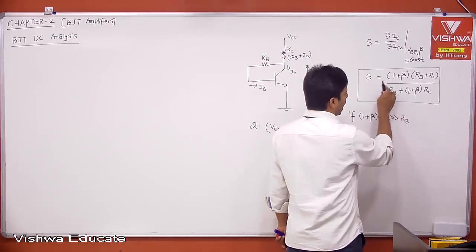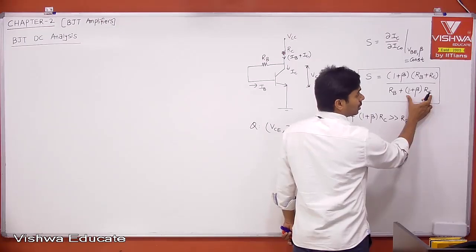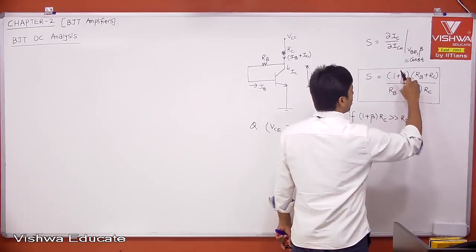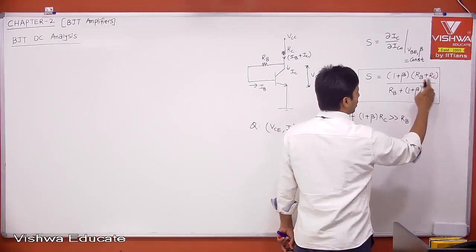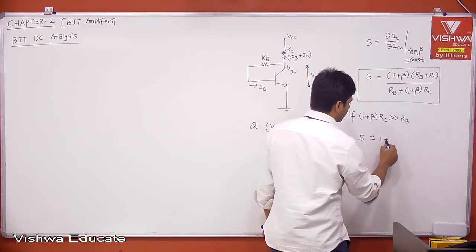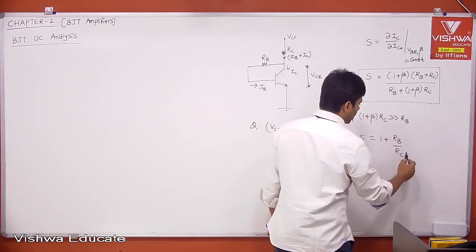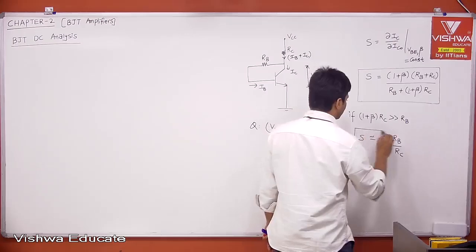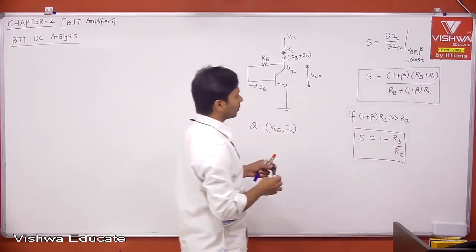Yes. If I neglect RB, then it is left with (1 plus beta) into RC in the denominator. Then 1 plus beta and 1 plus beta both will be cancelled. Then RC by RC, 1 plus RB by RC. Then your stability factor will be 1 plus RB divided by RC. This is the derived formula. This is the original formula. This is the derived formula.